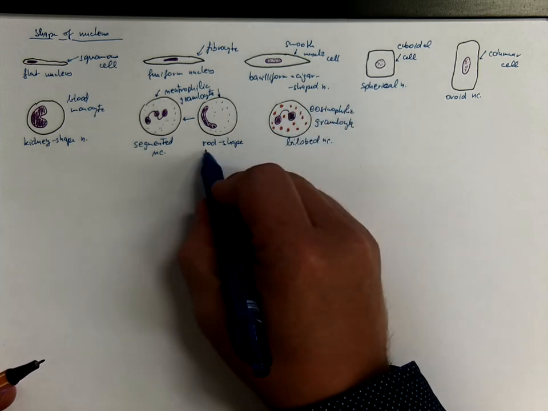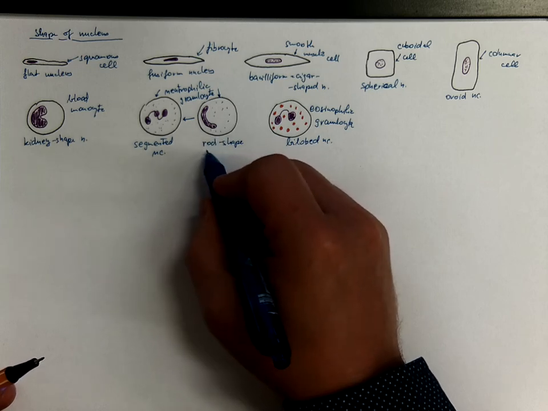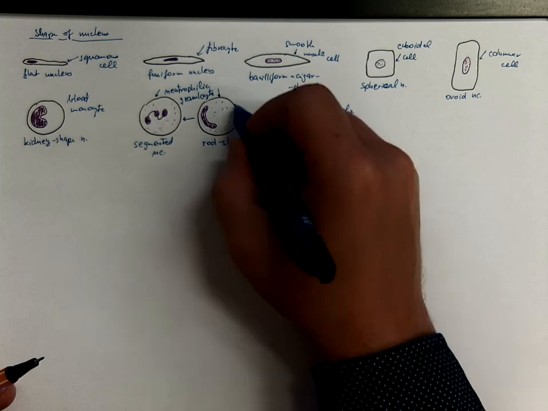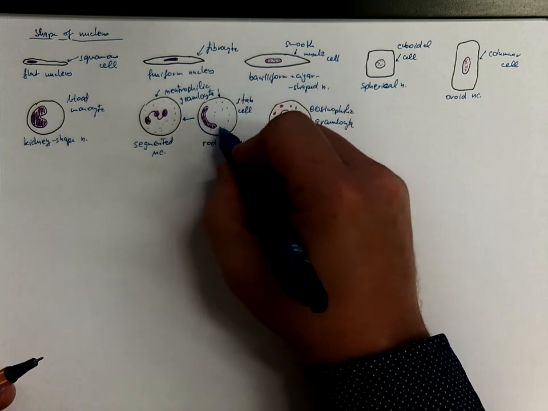By the way, if I go back here, another term for this young neutrophil is stab cell, the one with the rod-shaped nucleus.